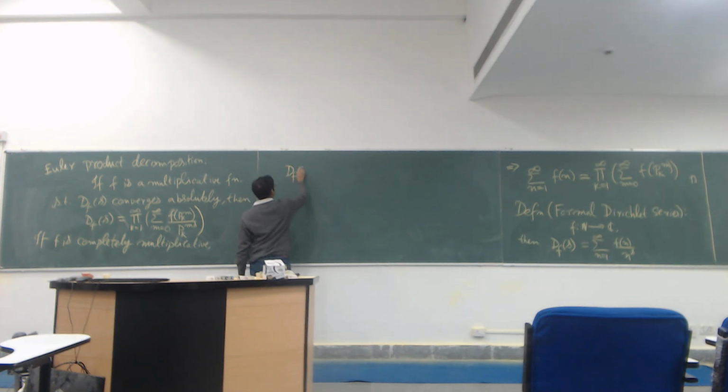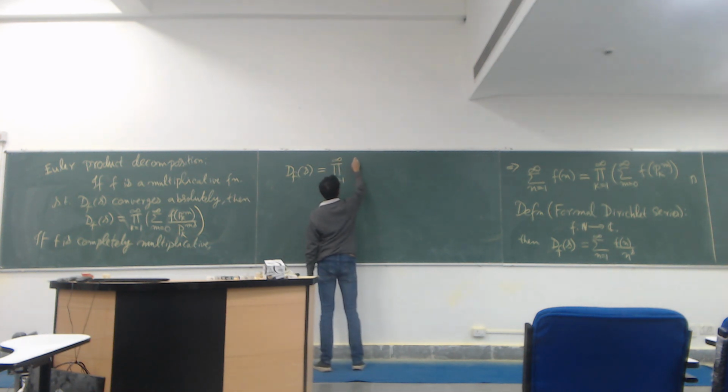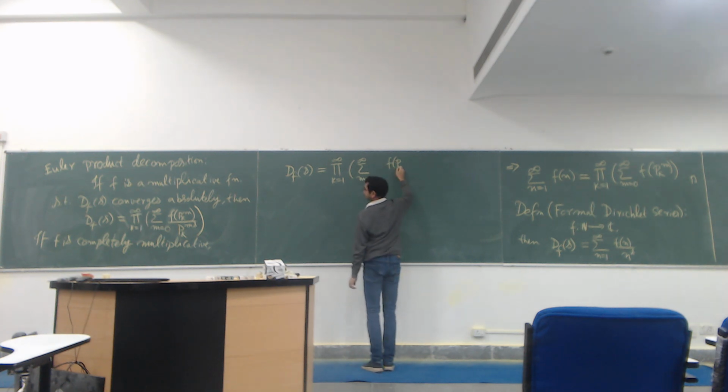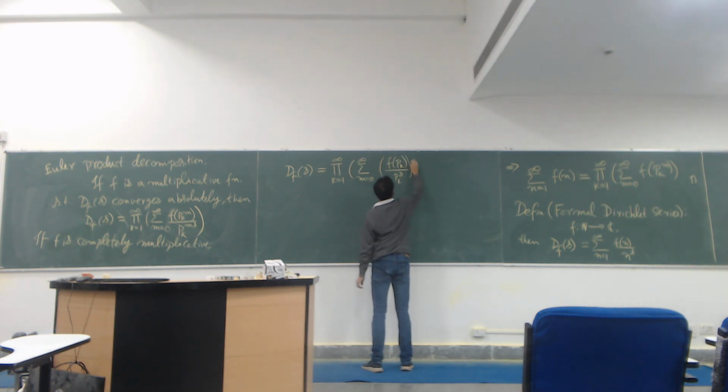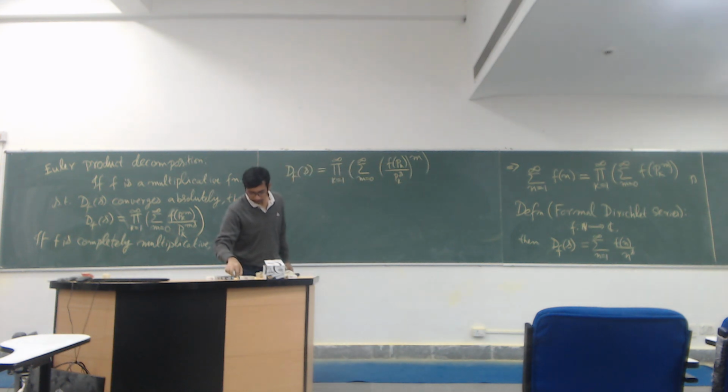Then this becomes D_f(s), the product over k running from 1 to infinity of the summation m running from 0 to infinity of (f(p_k) by p_k^s)^n, right?